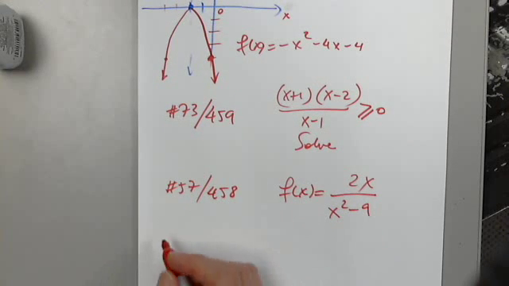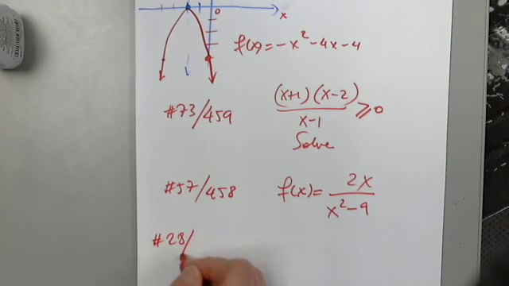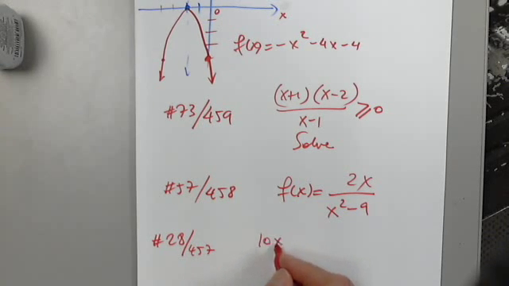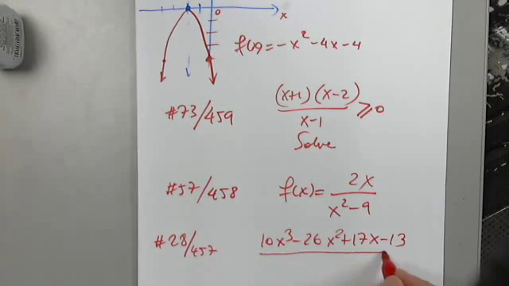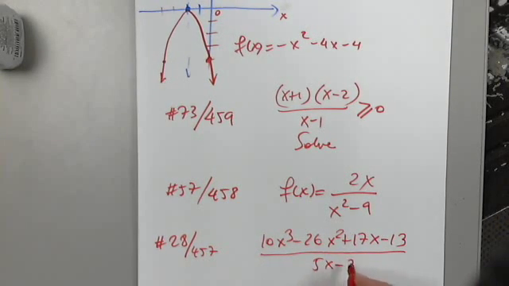And then I would like to look at a division on page 457: 10x to the third minus 26x squared plus 17x minus 13 divided by 5x minus 3. So that's it for now, and then we'll see.